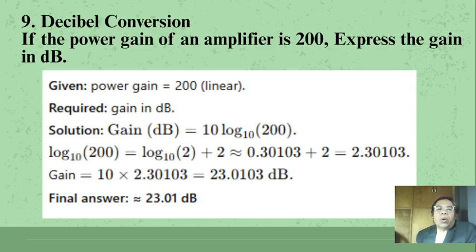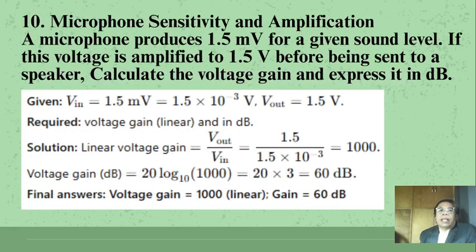And so the answer is 2.30103, and then multiplied by 10, the answer is 23.0103 decibels. The final answer is 23.01 decibels.